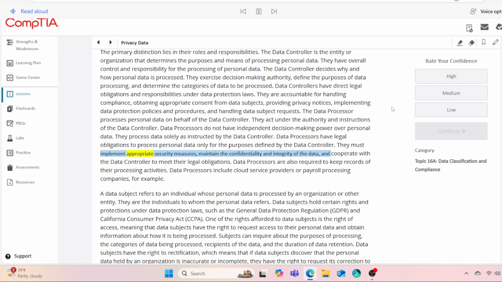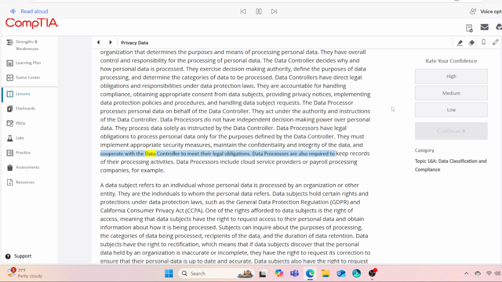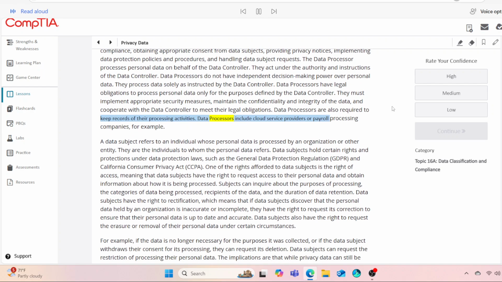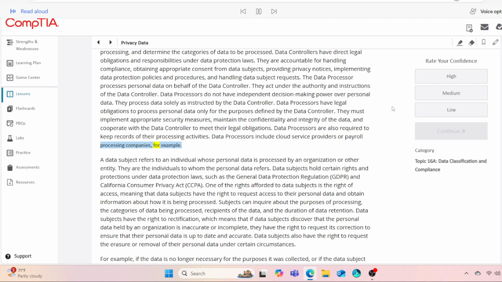They must implement appropriate security measures, maintain the confidentiality and integrity of the data, and cooperate with the data controller to meet their legal obligations. Data processors are also required to keep records of their processing activities. Data processors include cloud service providers or payroll processing companies, for example.